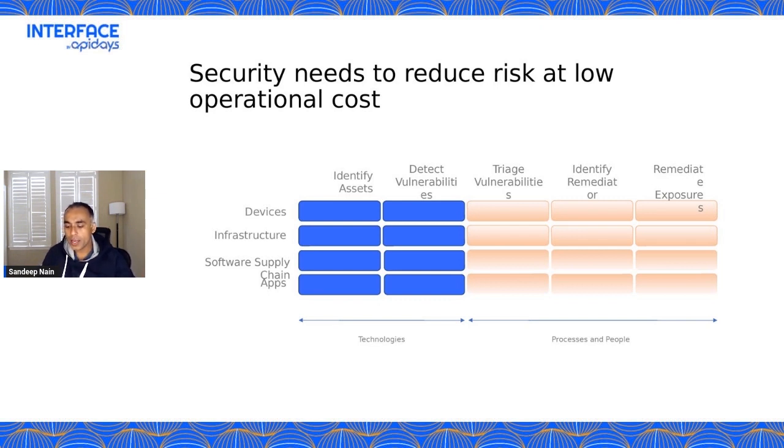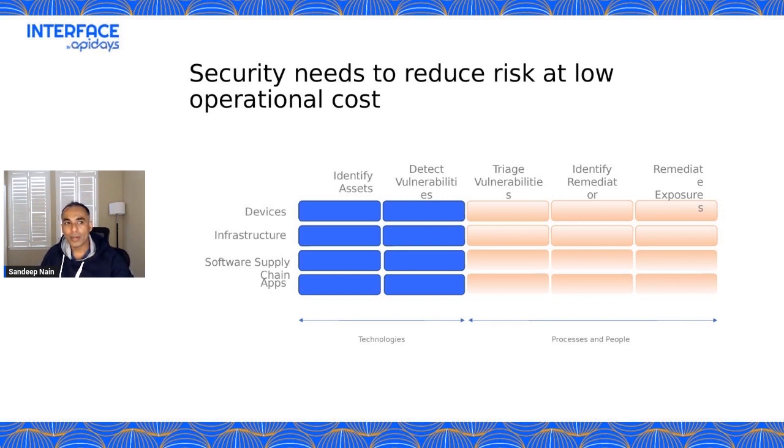But as I grew or evolved in my career, I realized that yes, technologies are great when it comes to finding vulnerabilities. In fact, the security industry has done an amazing job of building tools that can find deep vulnerabilities in all layers of a tech stack, be it the devices, infrastructure, our applications or software supply chain, and so on, you name it.